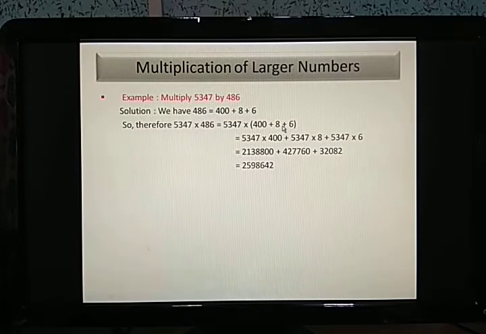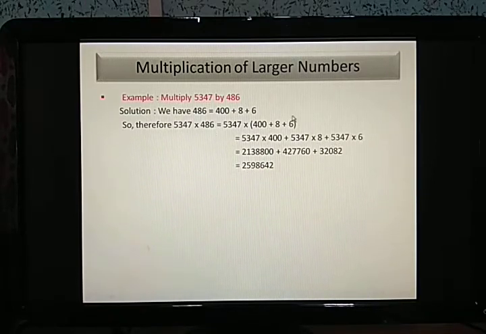So according to the distributive property, this term will be multiplied with each and every term, and then we have to take the sum of all those terms. You can see here 5347 multiplied with 400, then plus, we again multiply this with 80, plus again we multiply this term with 6.